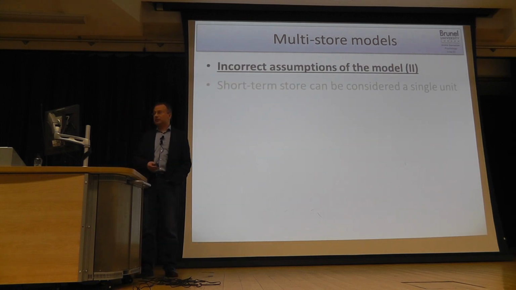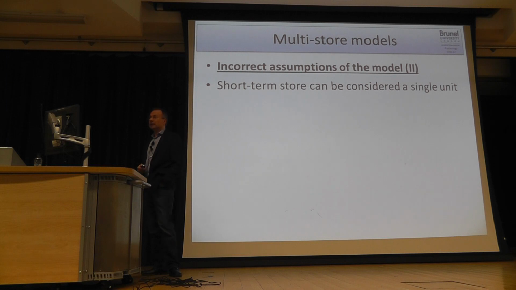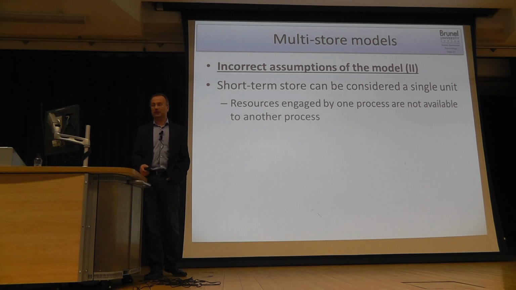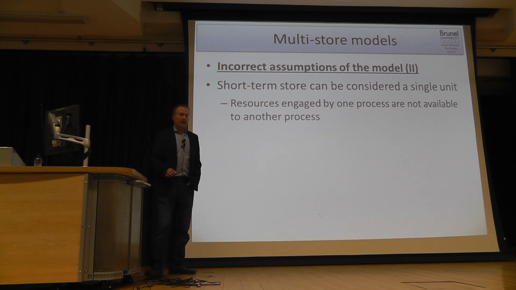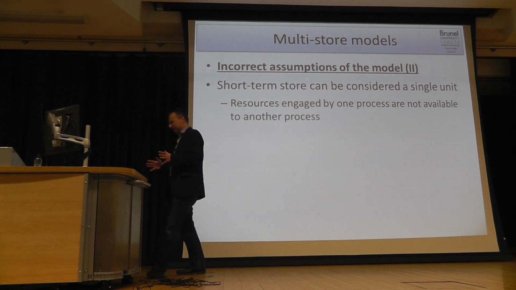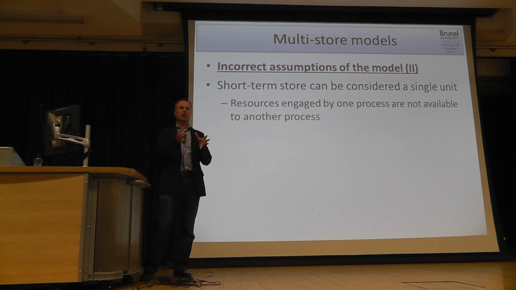Another incorrect assumption, again a simplification of the model, is that the short-term store is a single unit with respect to maintenance and processing. Atkinson and Shiffrin assumed that the maintenance of information and the processing of the information demand a common resource which is limited.